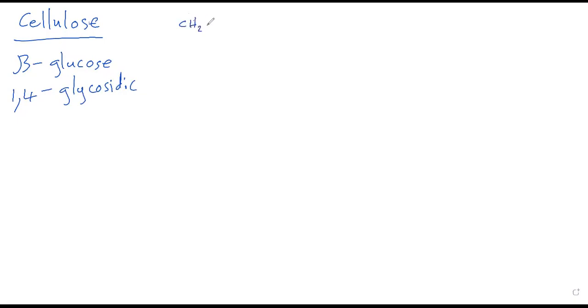I'm going to leave off the OH to keep it simplified. So I'm just going to work with the OH on carbon 1. Remember it's beta, so on carbon 1, the OH is pointing up.